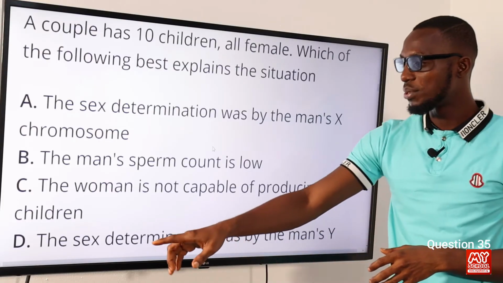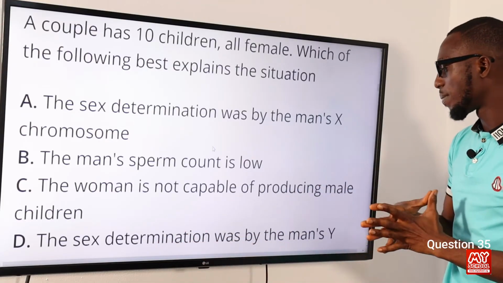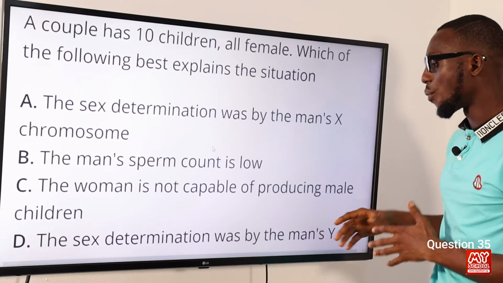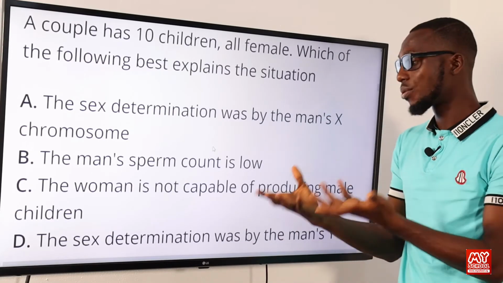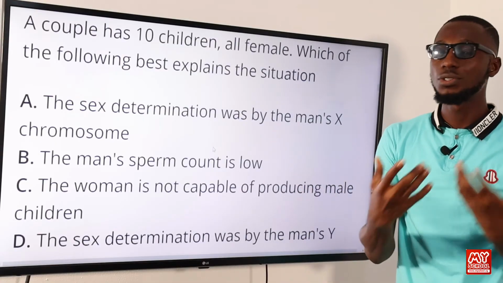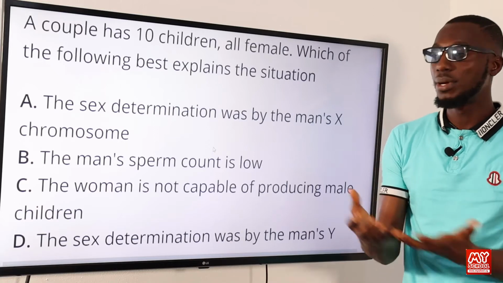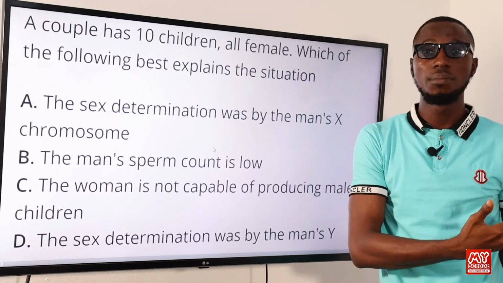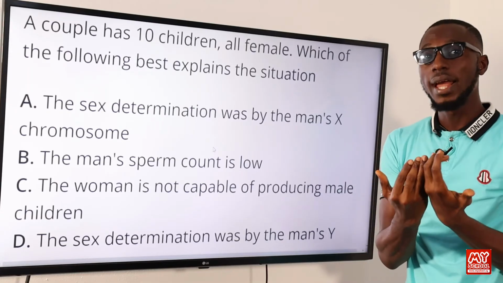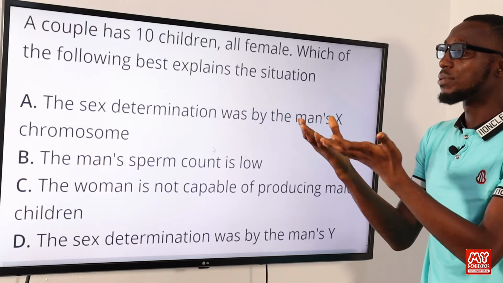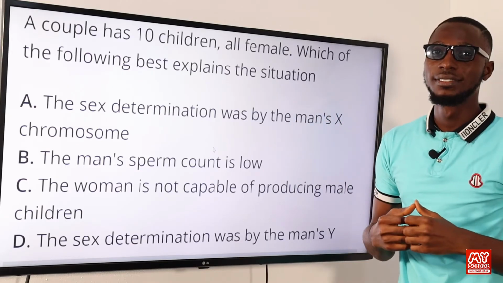So we have option D. The sex determination was by the man's Y. No, this is by the man's X. If the man's Y was being sent in, the Y chromosome is going to combine with the woman's X, and what you are going to have is a male child. But now the man is sending an X forward, so X meets with the woman's X. You have two X, and that makes for a female child. So the correct option is option A.